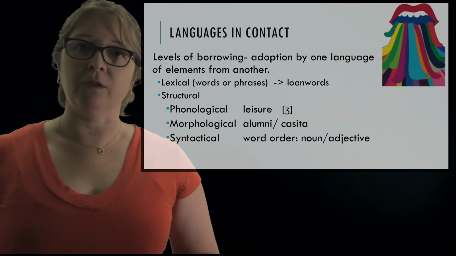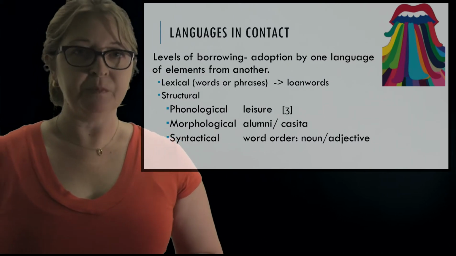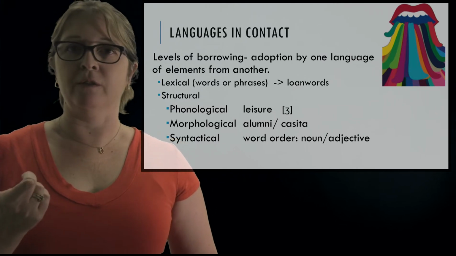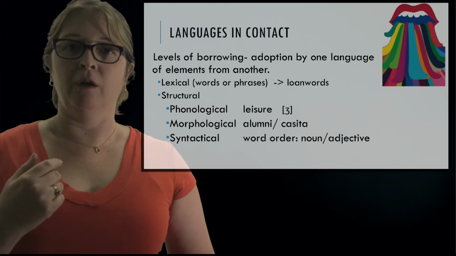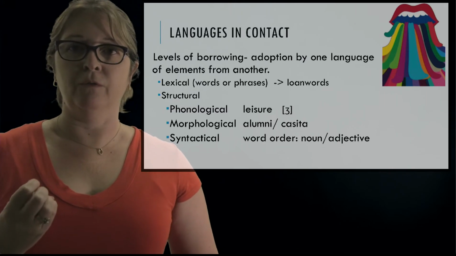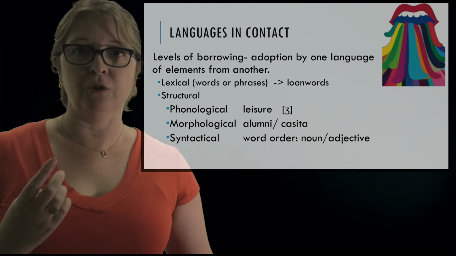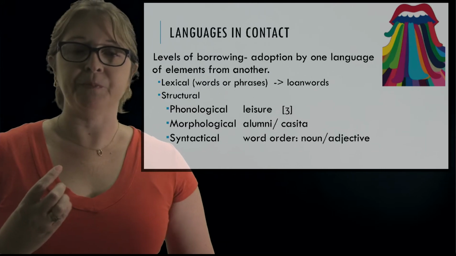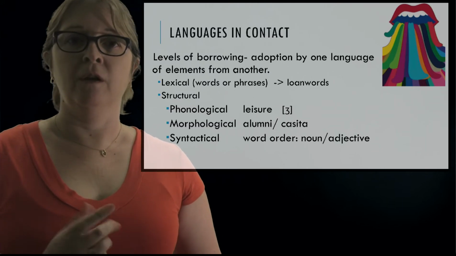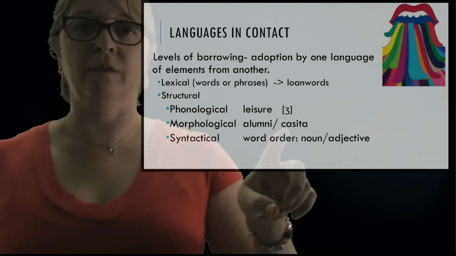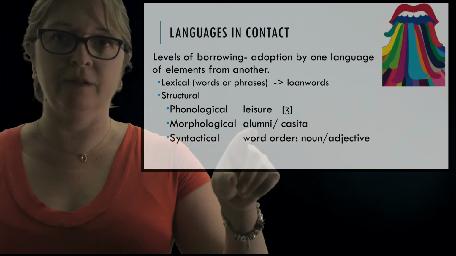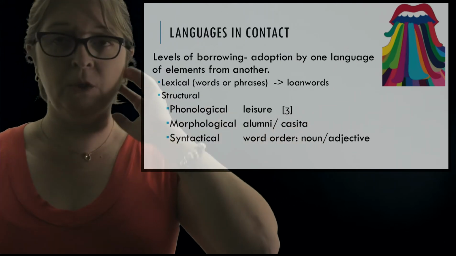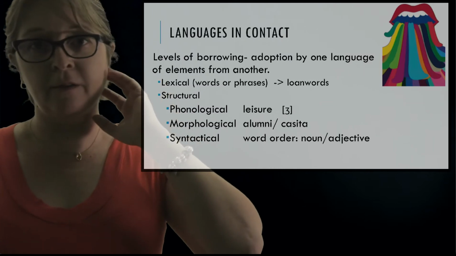Languages in contact, so we talked about levels of borrowing, types of borrowing. It could be lexicon, words or phrases. It could also be structural, so phonological, the je, or morphological, so the affixes, for example, the suffix alumni, i, instead of alumnus, and then ita, casita, which we pronounce in English as casita.